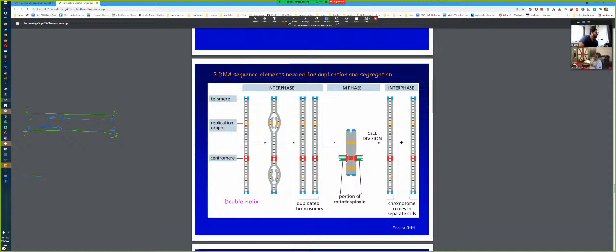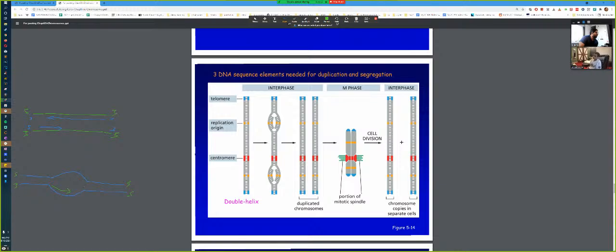So overall, this replication bubble will involve a new one being synthesized in this direction.